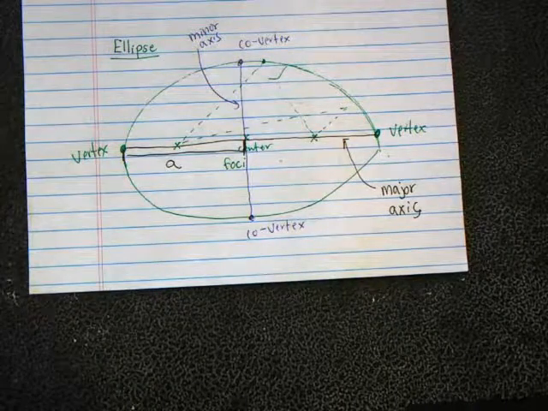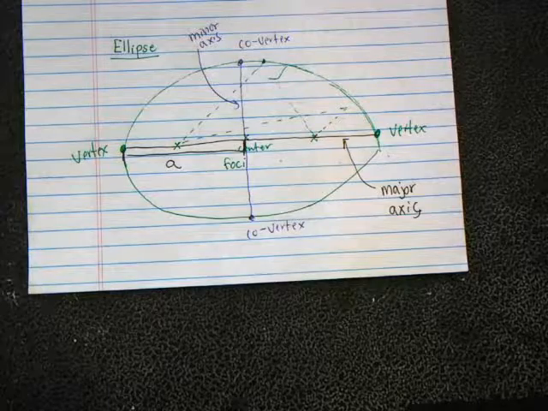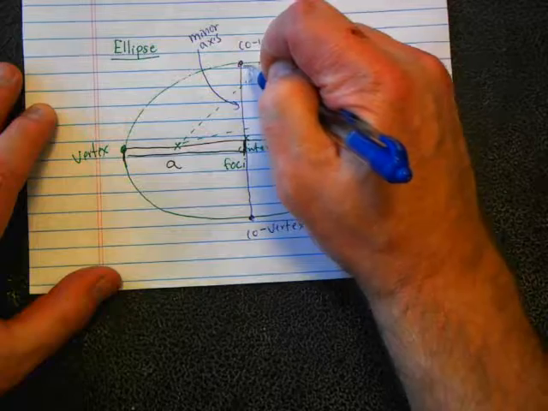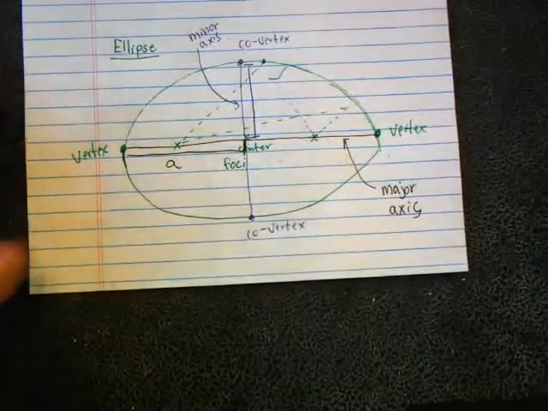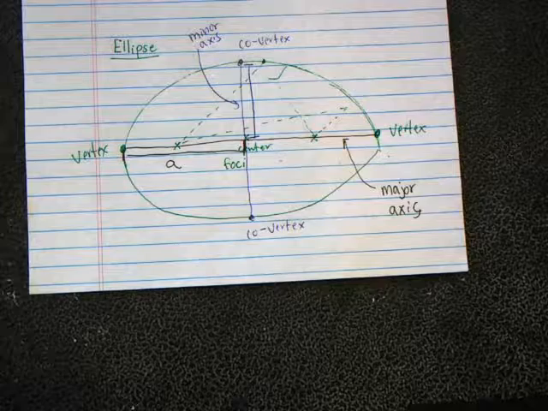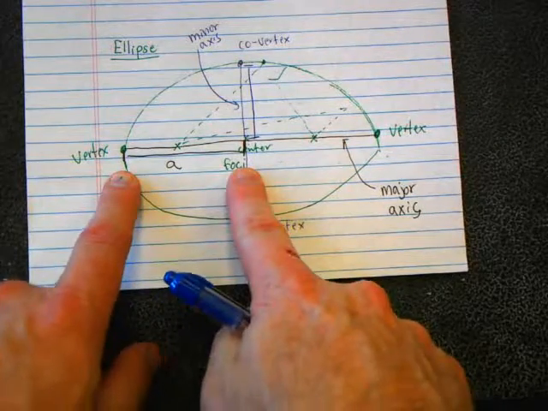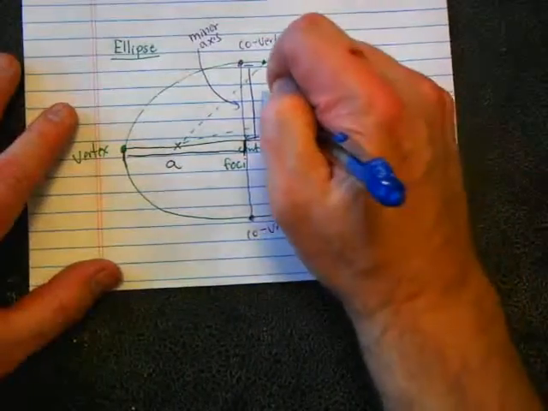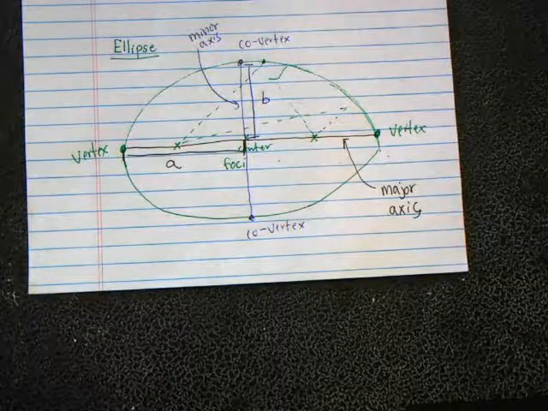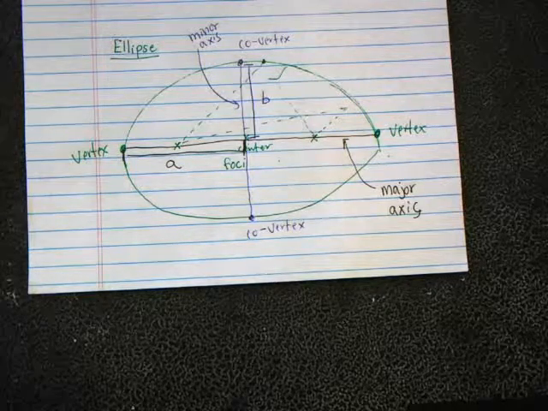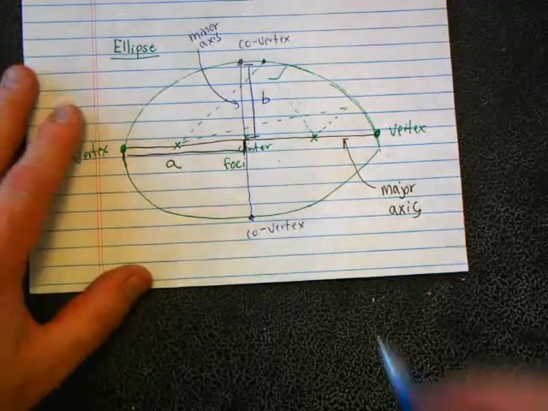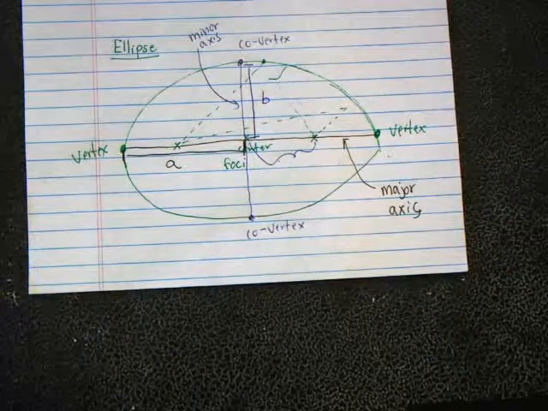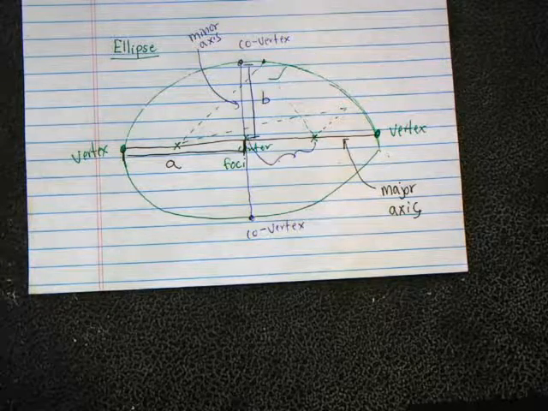And the distance from the center to a covertex is called, well, the distance from the vertex to the center was A, then the distance from the covertex to the center is B. That's right. And finally, the last letter we have is the distance from the center to a focus. Well, A, B, what's left?